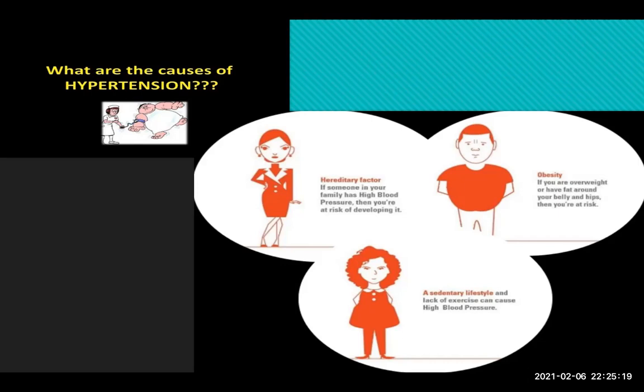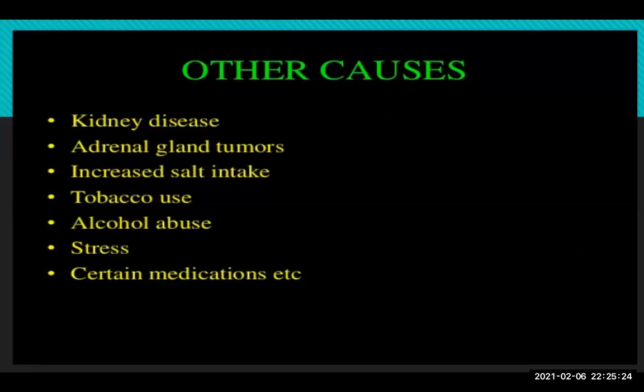So the patient may be hypertensive. Other causes could be kidney disease, adrenal gland tumors, increased salt intake, which is bad food behavior, tobacco use, alcohol abuse, stress, certain medications, and extra causes.